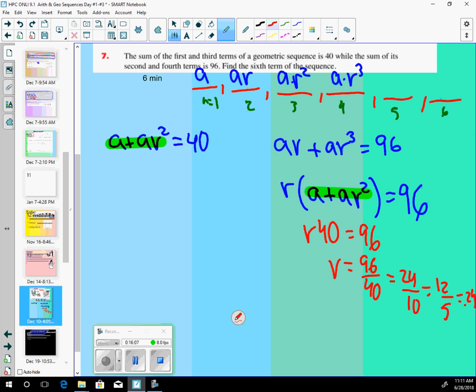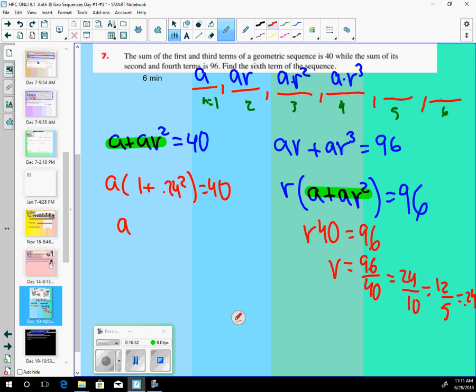Find the sixth term. Okay. So if the ratio is 2.4, we could, for this first one, take out an A, and you're going to get 1 plus 2.4 squared equal to 40.